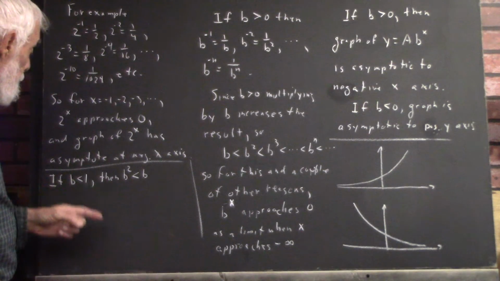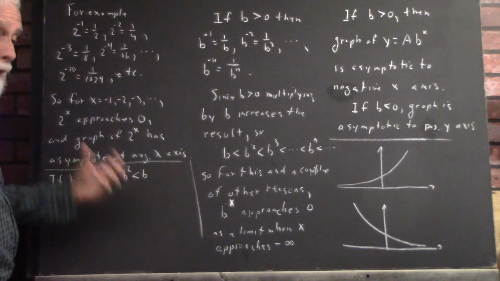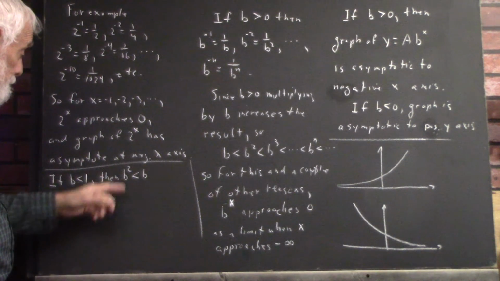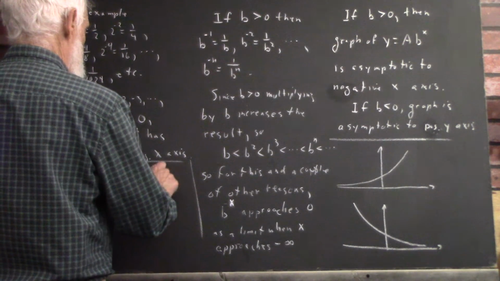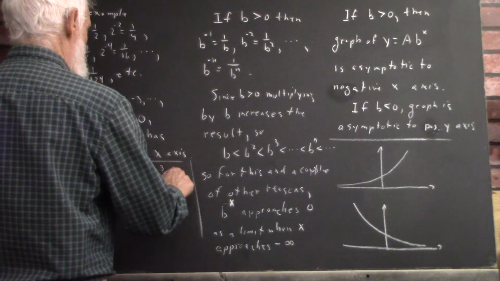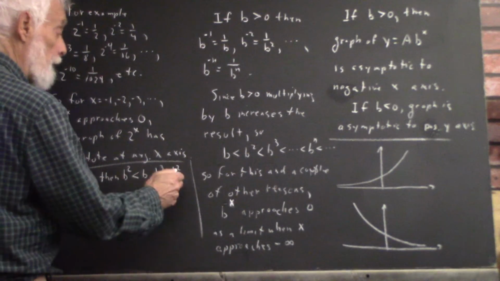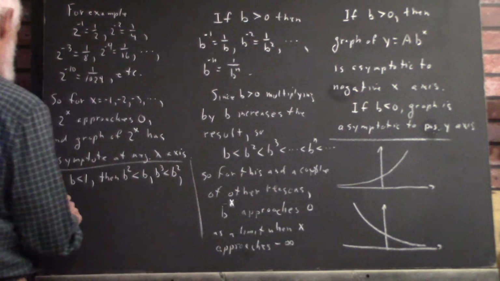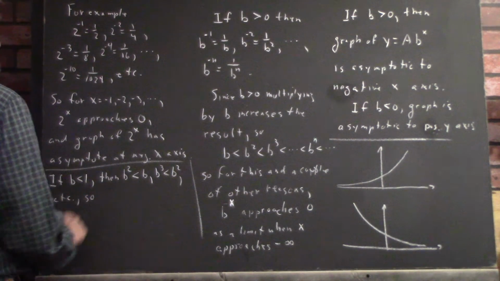So if you multiply b by b, you're going to get a number less than b. Well, that's b squared. And b cubed, which is b times b squared, has to be less than b squared. And so forth.